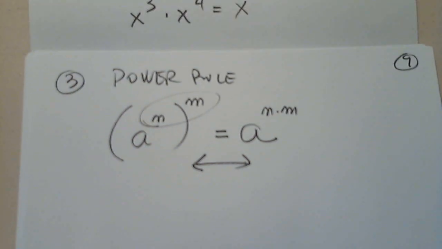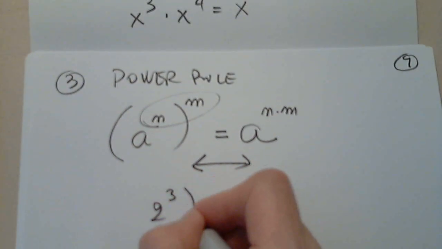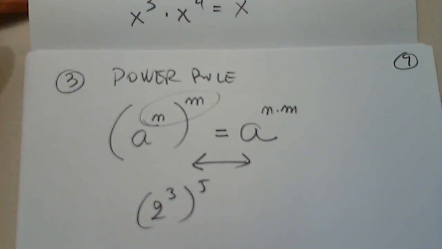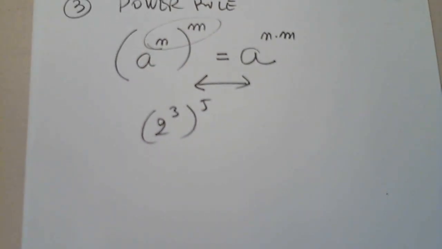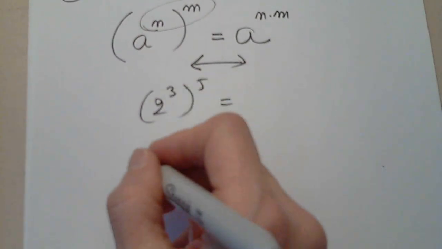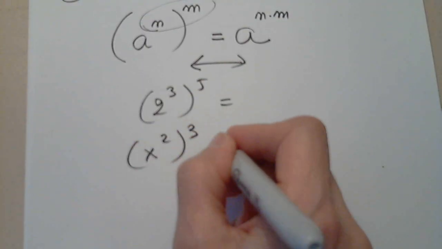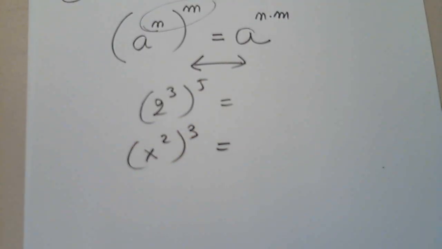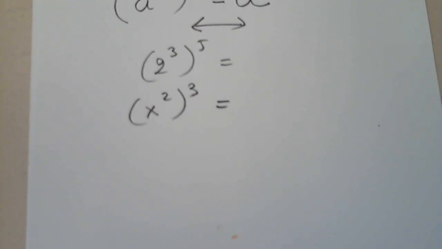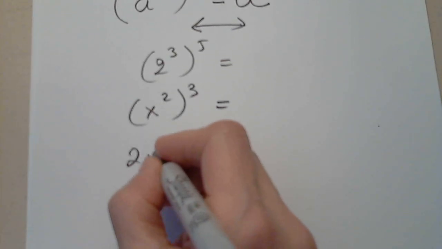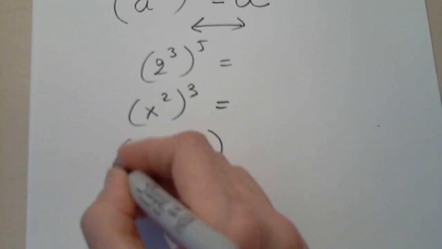So here's an example. 2 to the third, everything to the fifth. Or x squared, everything to the third. And then 2x squared y to the third, everything squared.